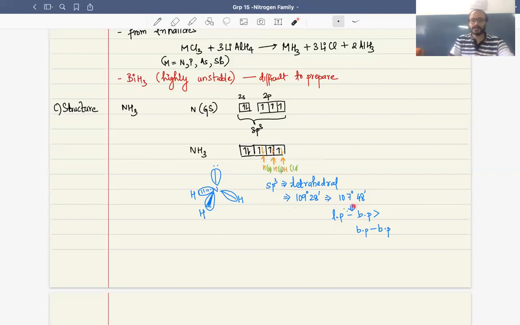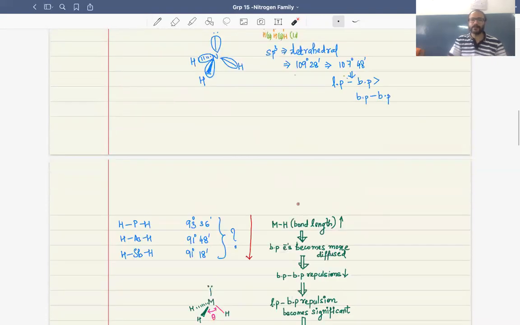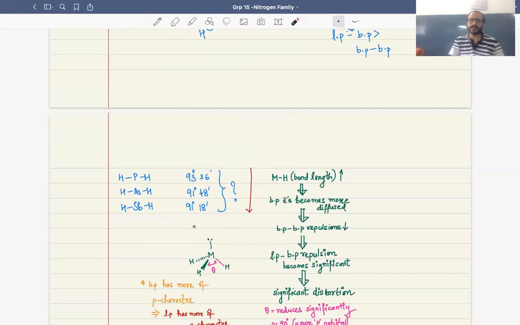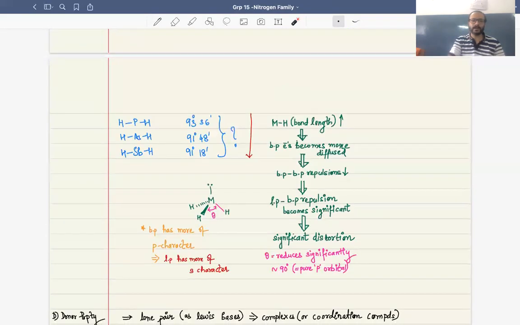Now, let us move on to see what happens to the bond angle when we talk about the other hydrides of the group 15 elements. So here we have the other hydrides formed by phosphorus, arsenic, and antimony. All of them, as you can see, the value is coming out to be approximately close to 90 degrees.